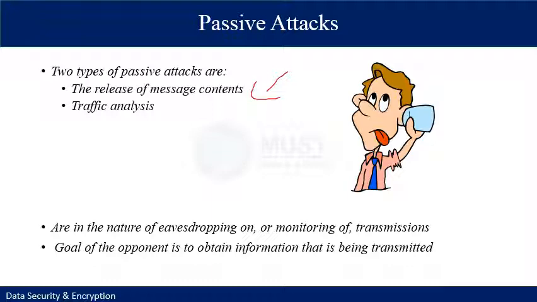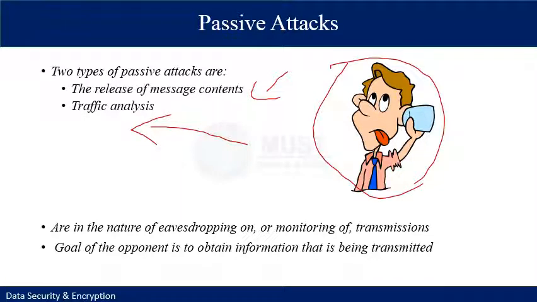Traffic analysis, however, is very difficult to mitigate unless your communication transmission mediums are very secure. Both are in the nature of eavesdropping, that means listening to the communication, as this diagram suggests, where you listen to the communication or monitor transmission.